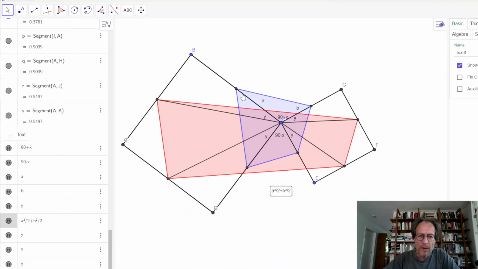So this triangle is half a square of side length a. This is half a square of side length b.